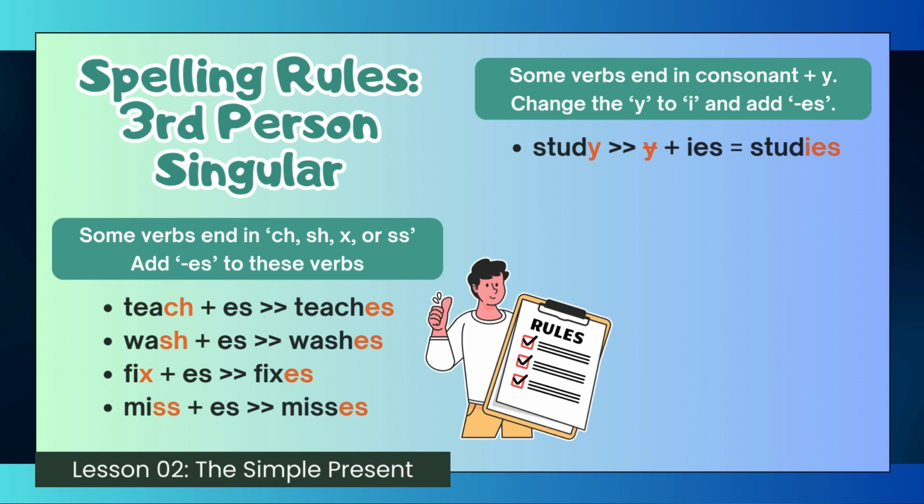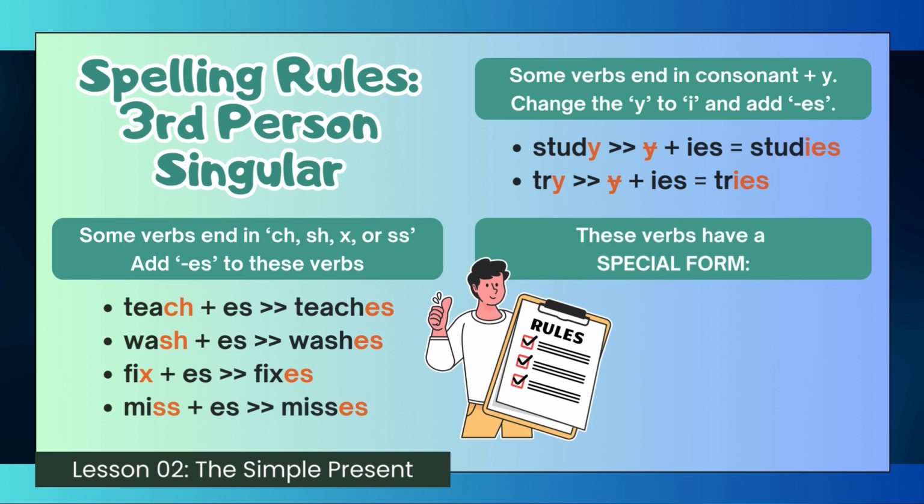So it becomes studies. For example, he studies, she studies, it studies. The verb try also ends in a consonant y. Again, we need to change the y to i and then add es. So tries. He tries, she tries, it tries.